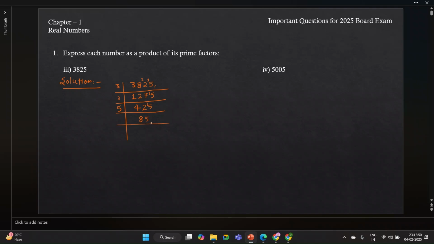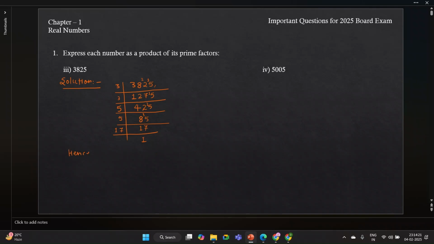Now it is also divisible by 5, so I'm writing it down here. 5 times 1 is 5, and then 35. 5 times 7 is 35. Sorry, yes, you're right. So it is divisible by 17 directly, because 17 is a prime number. So we can express it in prime factors.